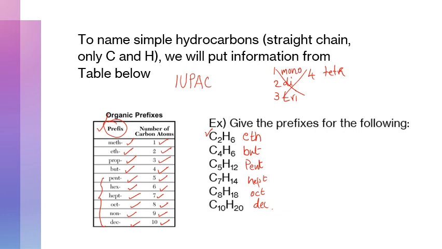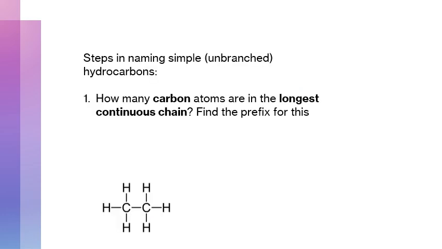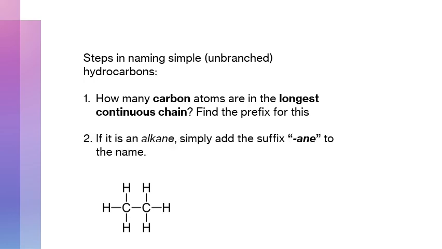Now let us see how to name it completely. It depends on whether it is alkane, alkene, or alkyne. To do that, we should know whether it is a long chain carbon or branched chain carbon. I'm going to talk about only the straight long chain carbon in this module.